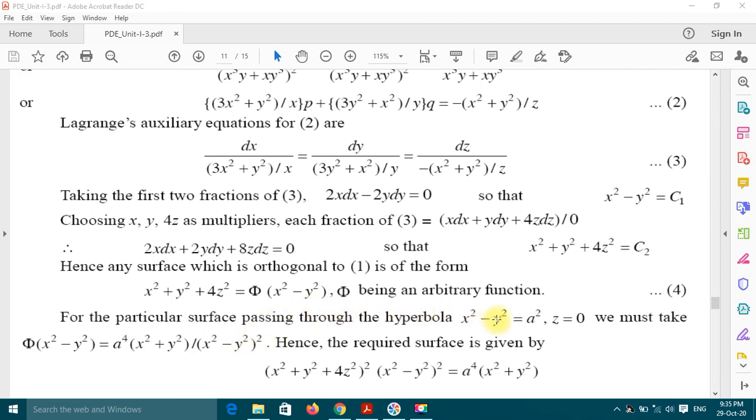If we substitute x² − y² = a² and z = 0, then we get x² + y² = φ(a²). Okay, and after simplifying, we get the value of φ(x² − y²) as a⁴(x² + y²)/(x² − y²)². Okay, now I will stop here.